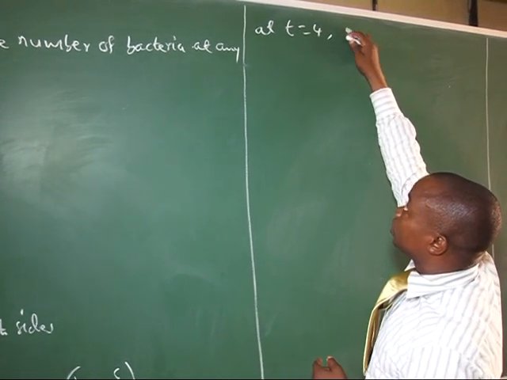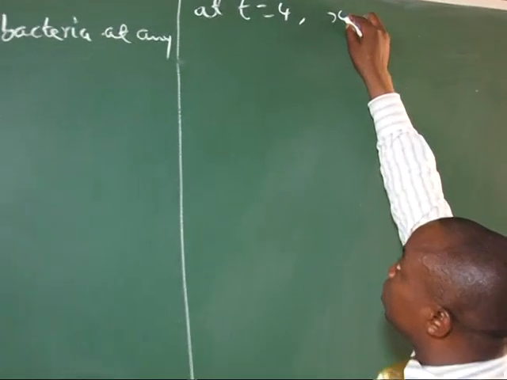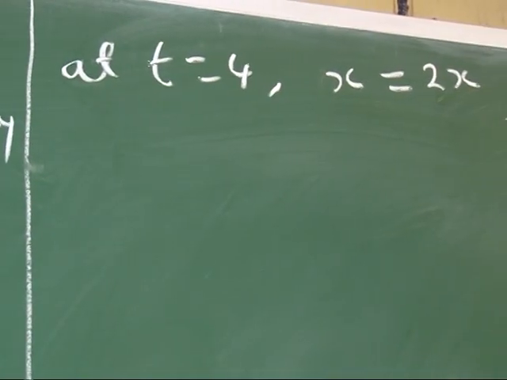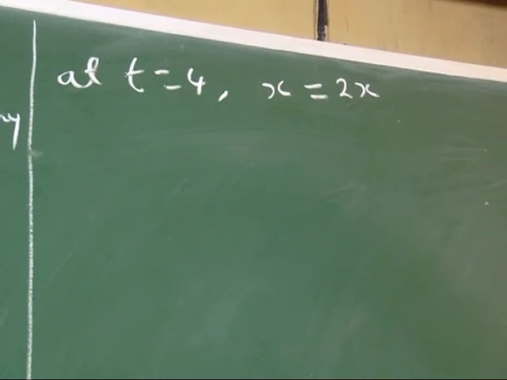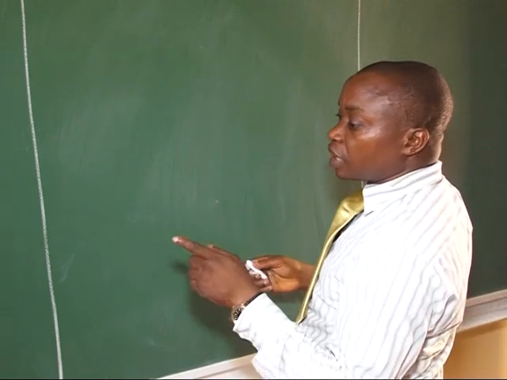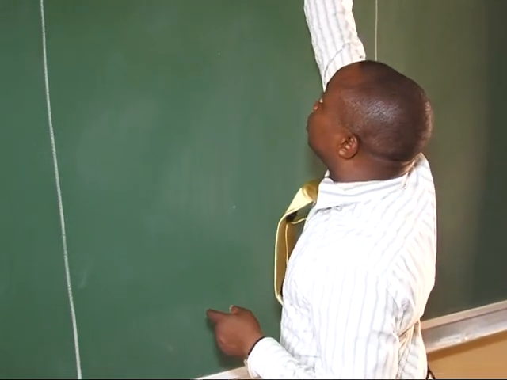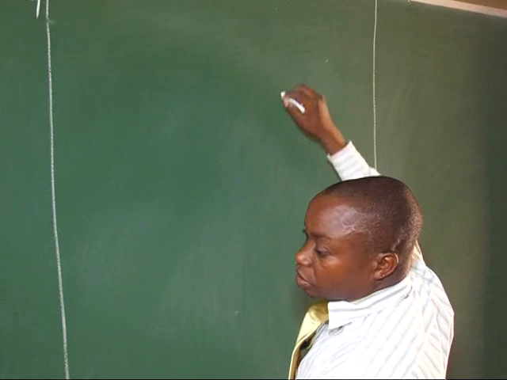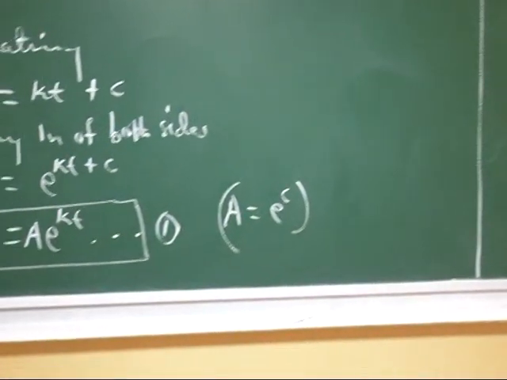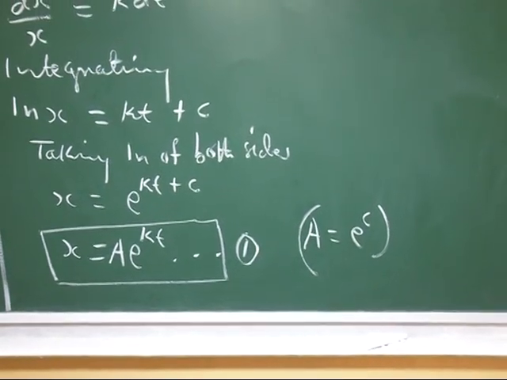So what it means is that x is 2 times x. At the same time, if you compare it there, you see that at t is equal to 0, x is equal to a. So we can have 2a.